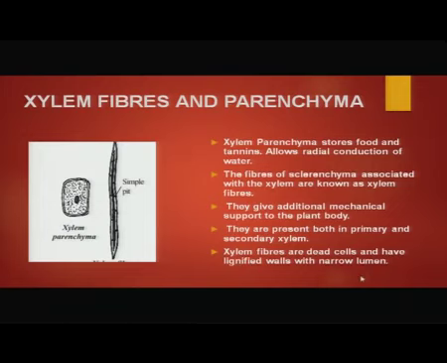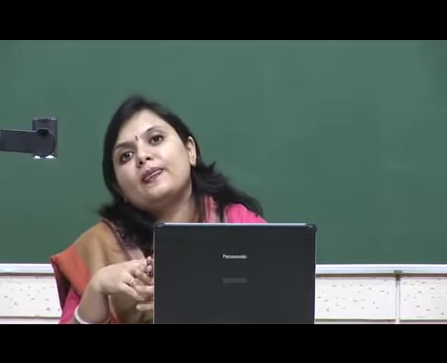So, here if I ask you to differentiate between a fiber and a tracheid, what will be the points of difference that you will mention? We have discussed just now that both have tapering ends, both have lignification on their cell walls, and both may have pits also. So, what is the difference between the two? Yes, both of them of course provide mechanical strength also to the plant.